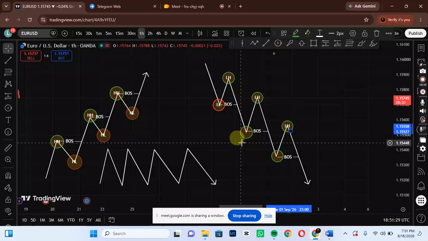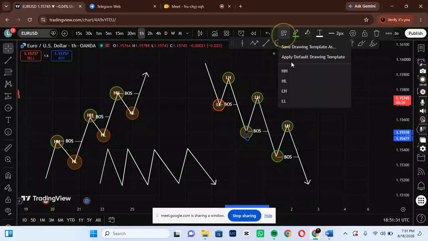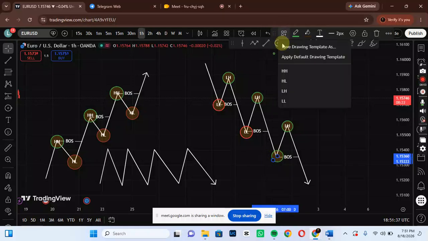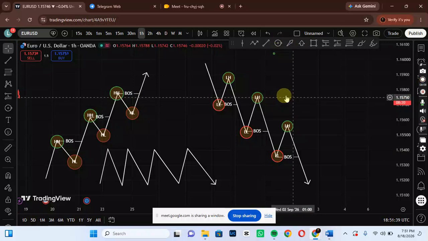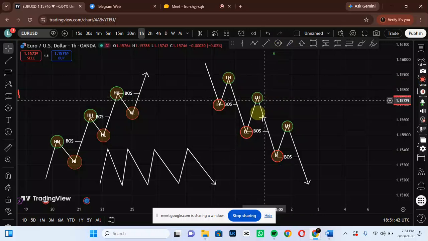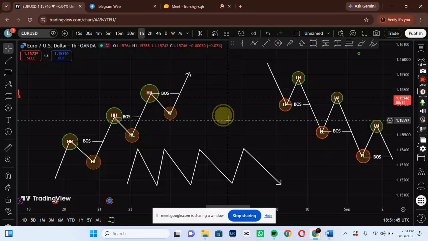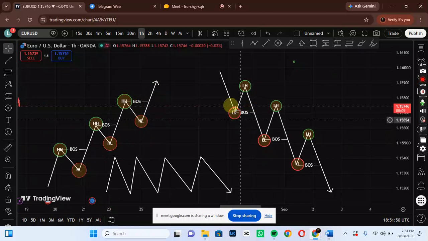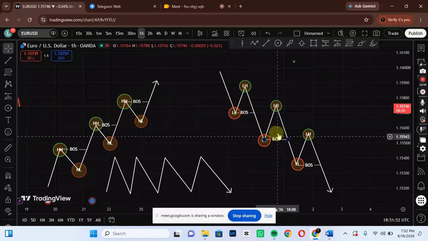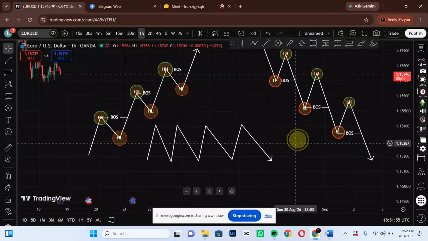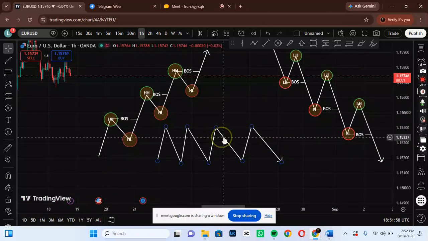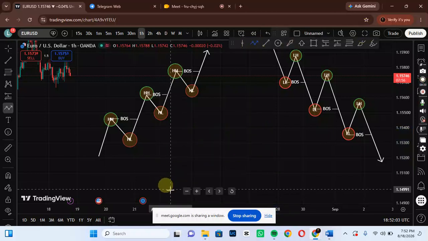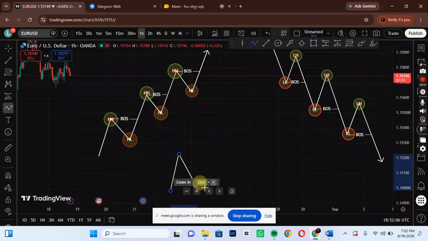Let me be fast. So we have a series of lower highs and lower lows. And I've said that one of the things to know that the market is actually going up or going down is that we must have a break of structure. The market is going to be breaking structure and coming down, breaking structure and coming down like that. Now when it comes to the ranging market, which is this one, you only notice that the market will just keep doing something like this.